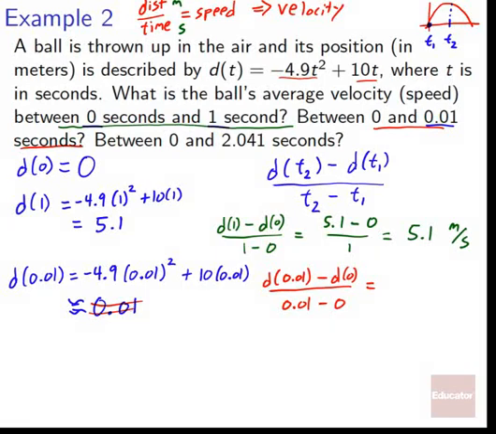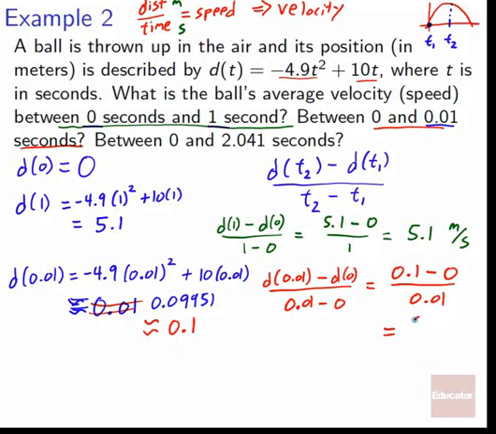If we round that to the much more reasonable to work with thing, we actually get approximately 0.1. So it's not 0.01, but 0.01 is still on the bottom, and the top is going to come out to be 0.1 minus 0, divided by 0.01. Sorry about that. Important to be careful with your rounding. So that comes out to be 0.1 over 0.01, which is 10 meters per second.